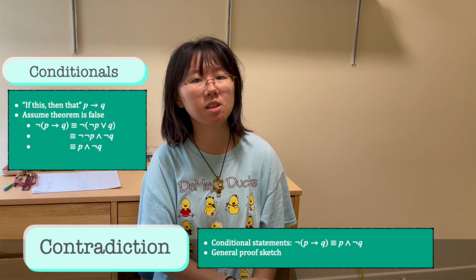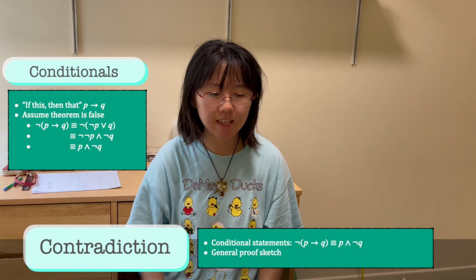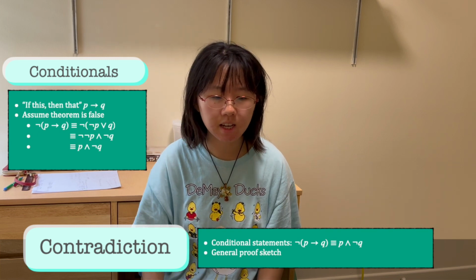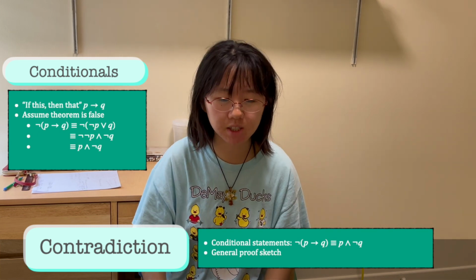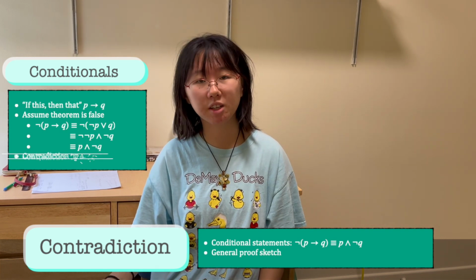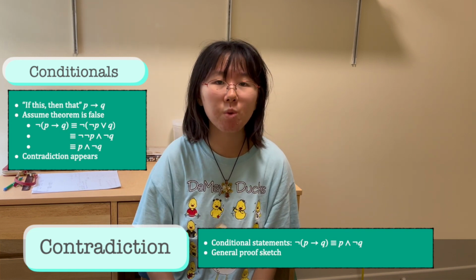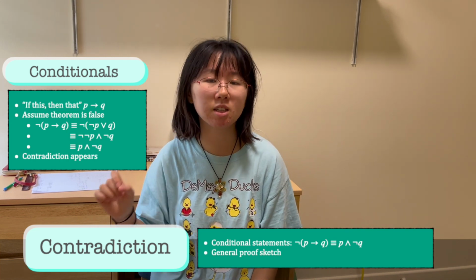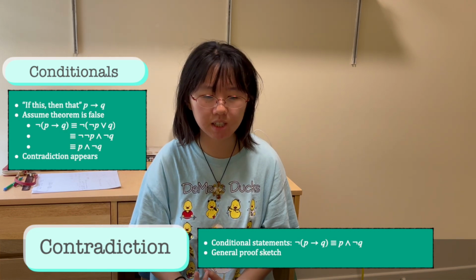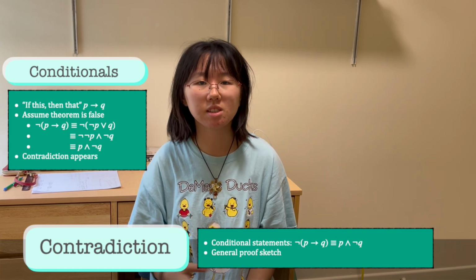So we can use the laws of conditional identity to change it from this to this, and then use De Morgan's to change our or to an and, and then finally use double negation to change it from not not P to just P and not Q. So really when we're doing a proof by contradiction, we're assuming that P and not Q is true, and at some point that'll give us a contradiction that shows that actually P implies Q is true.